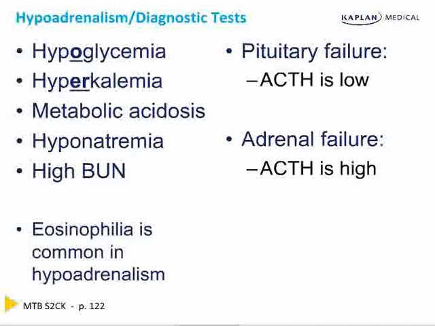Therefore, your ACTH level will be low. Now, when there's adrenal failure, your ACTH level will be high, because the only feedback inhibition on that pituitary is cortisol. If you have no cortisol, you lose feedback inhibition and the pituitary shoots up the ACTH.